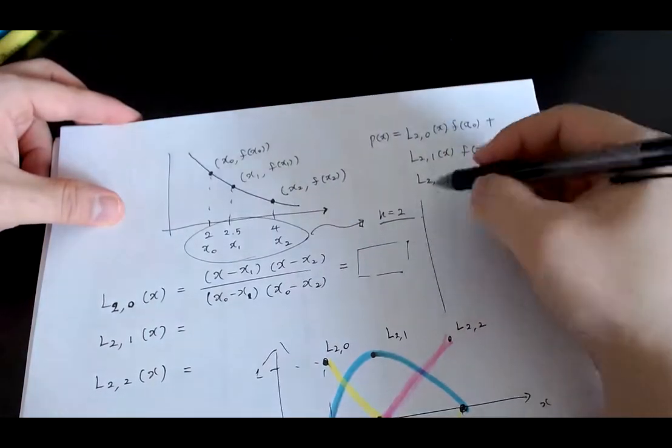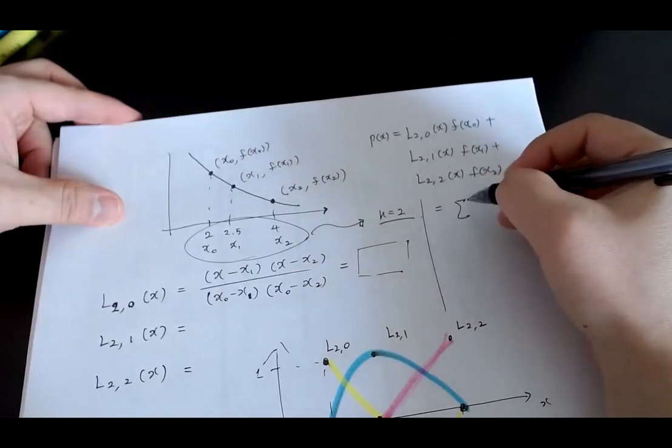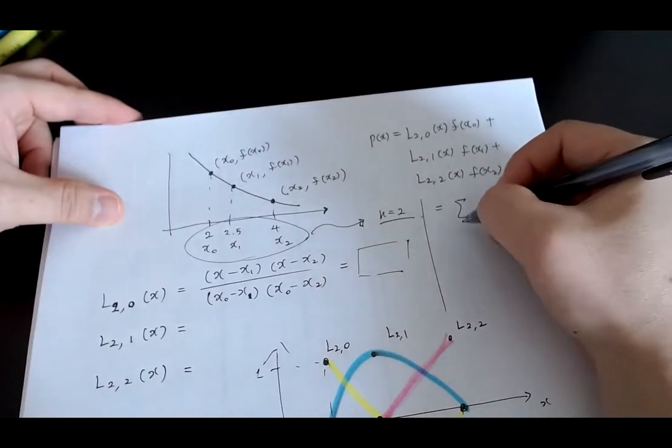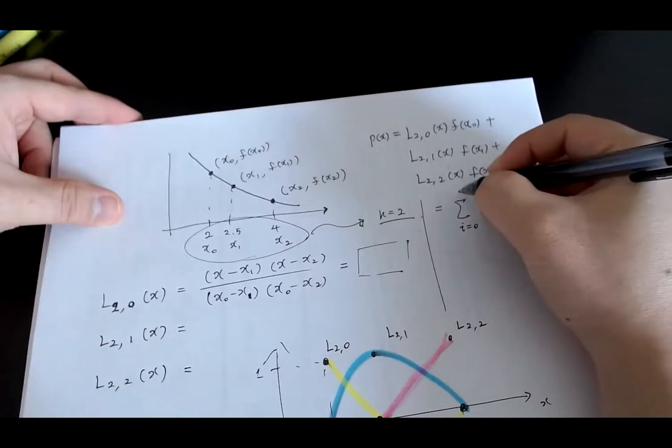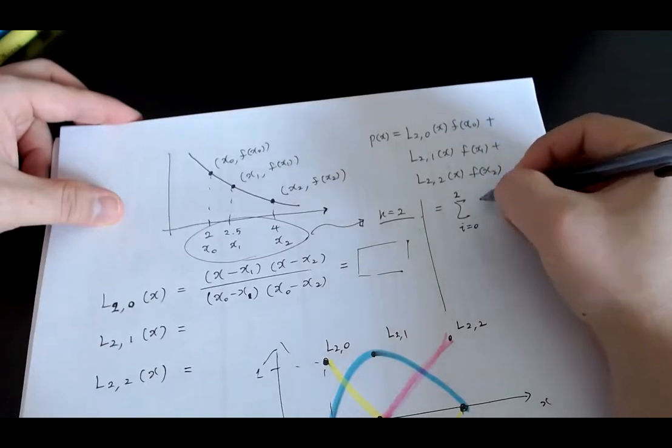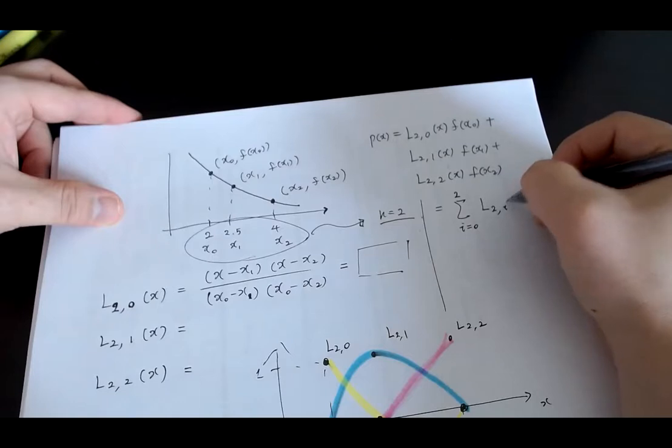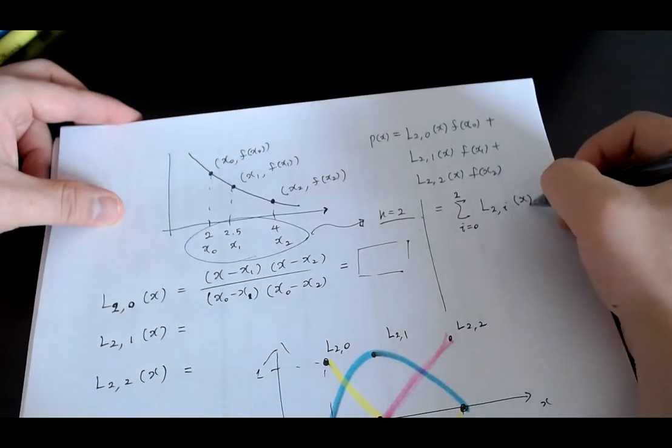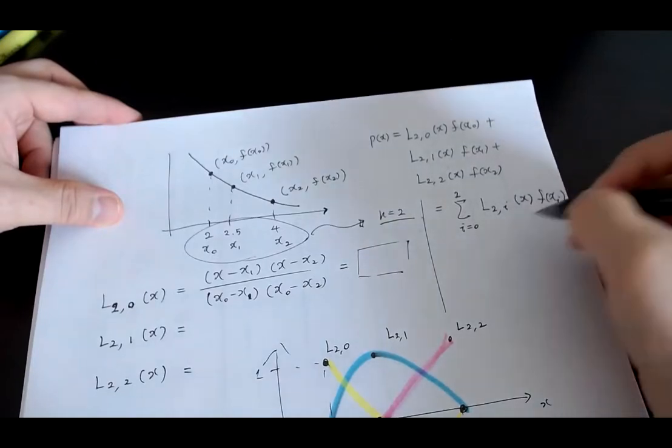Okay, in short expression it's sigma, right? And then i goes 0 through n, in this case 2, and L2,i of x times f of xi, right?